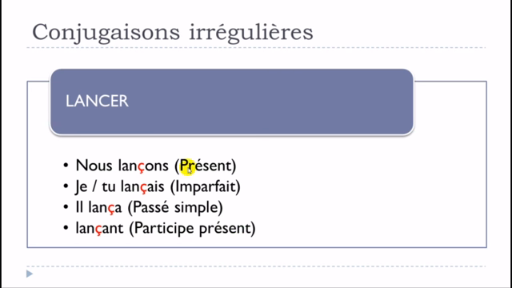When we're talking about le présent, the only form that will be modified somehow will be the nous form. If you take one minute to think about that, normally if we would respect the rule for regular verbs, we should write the verb L-A-N-C, so without the cédille here, and then O-N-S.